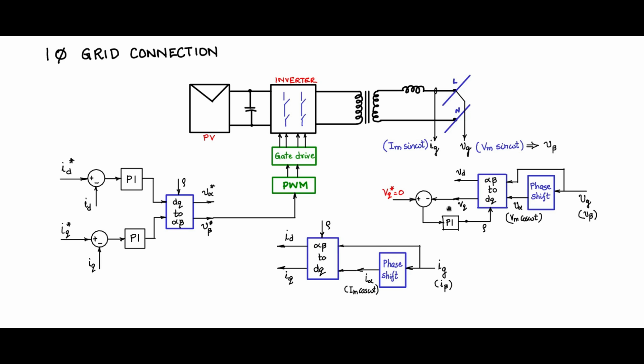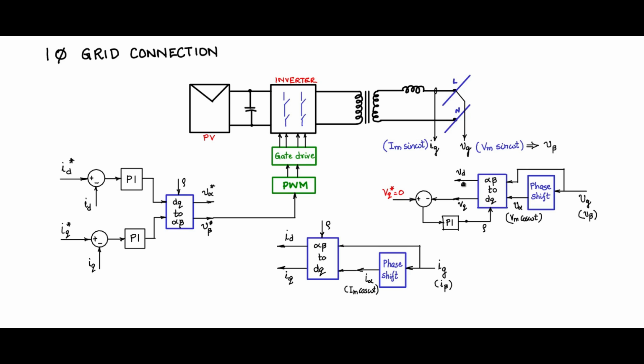Then eventually this control mechanism will operate in such a way that this PI controller, being a high gain controller, will make this error 0, which means VQ will become 0, match with the VQ star, and therefore we can say that rho is at such an angle that the D axis is aligned along VG, which is the voltage space vector.